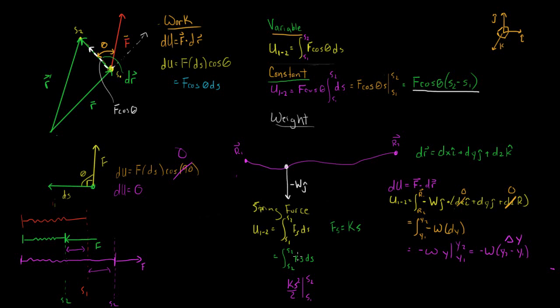Sort of mixed these bounds up a little right here. So this is from S2 to S1. This is going to be equal to 1/2 K times S2 squared minus 1/2 K times S1 squared. However, think about this. If we have a particle right here on the end, the spring's going to want to pull it back.